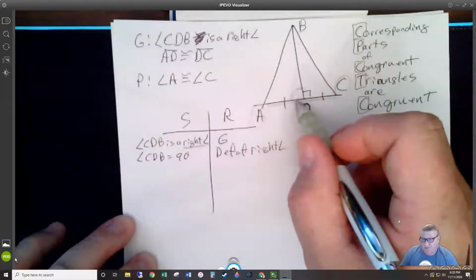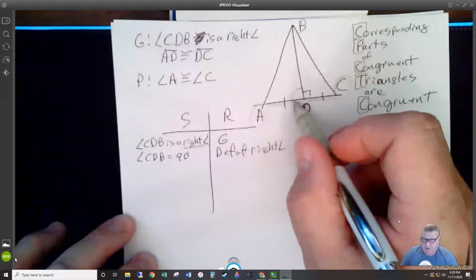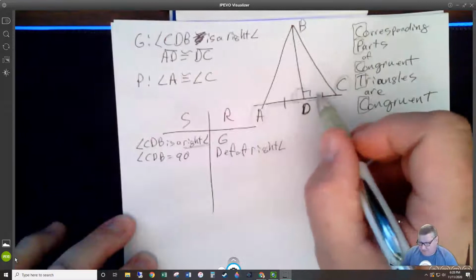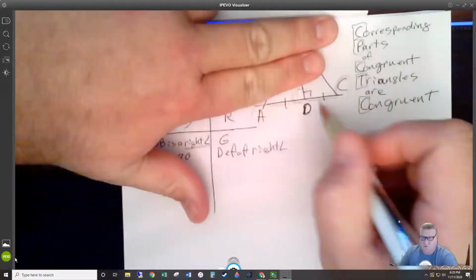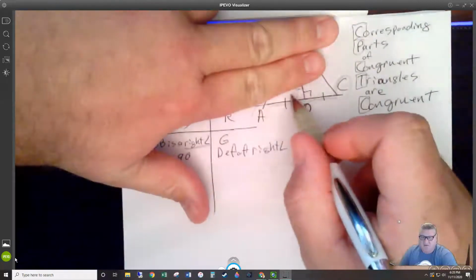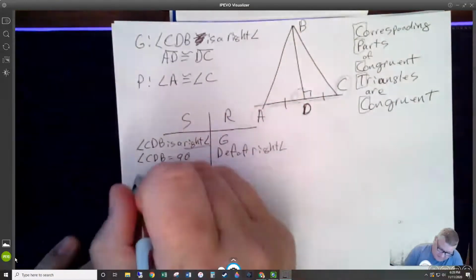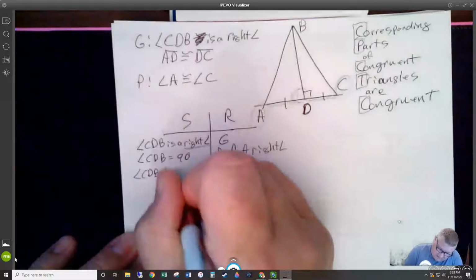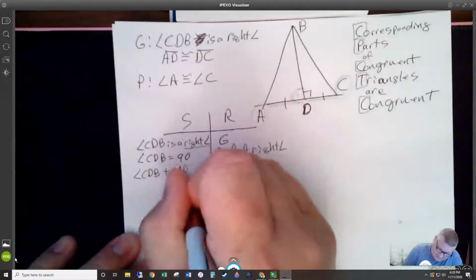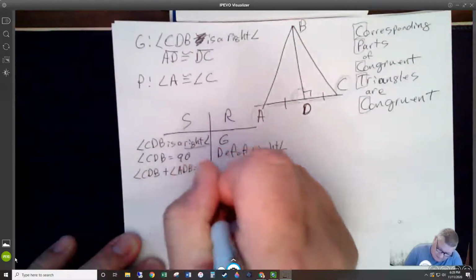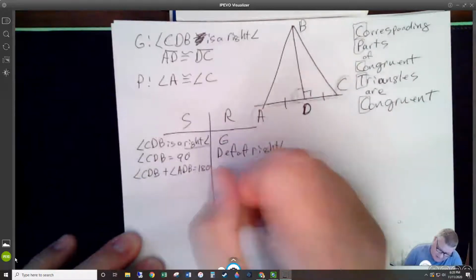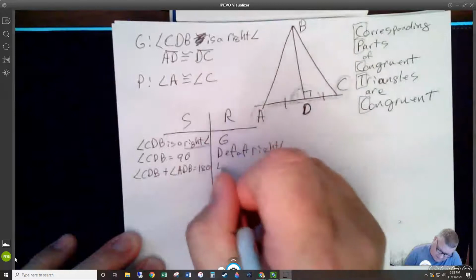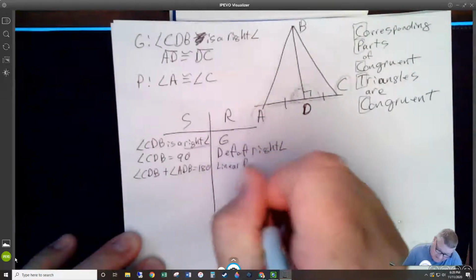But guys, in a proof, we have to prove it. So how in the world are we going to prove that this angle here is a right angle? What we're going to have to do is the same old proof that we've done before and say this angle plus this angle equals 180. So angle CDB plus angle ADB equals 180 degrees by, well, there are 2 angles next to each other that make a straight line, so that would be by linear pair.